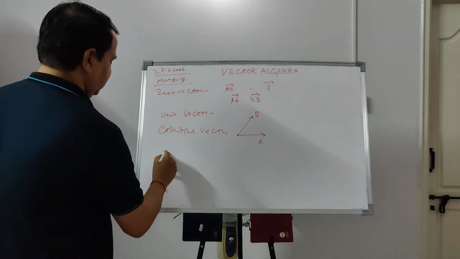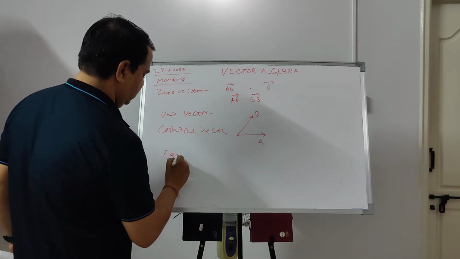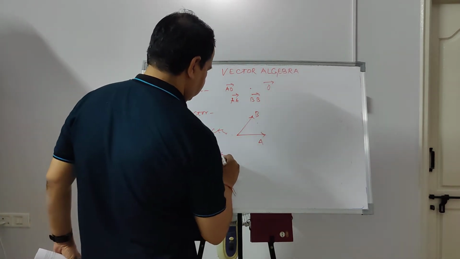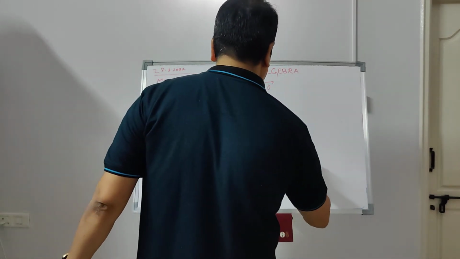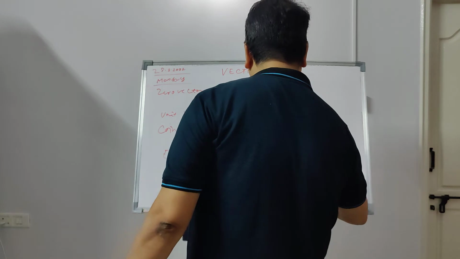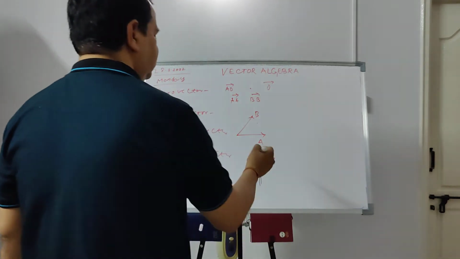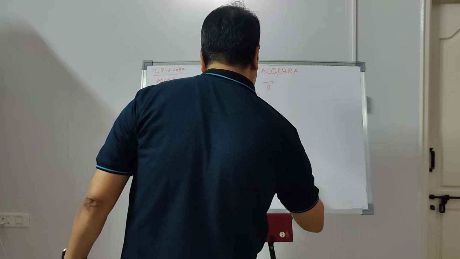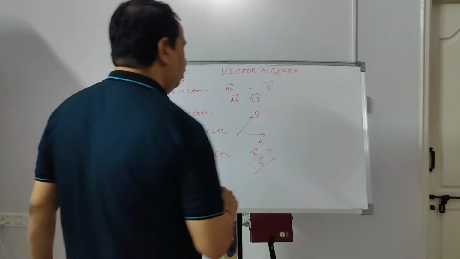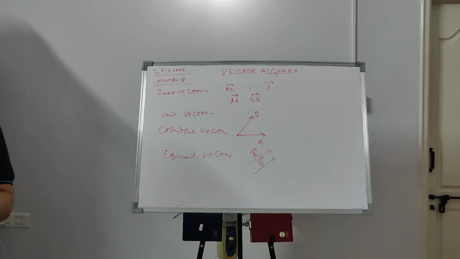Then equal vectors. When you say that two vectors are equal, they have the same direction and the same magnitude. Let me say if this is a vector, and then let us say this is a vector, say vector A and vector B. If both have the same direction and magnitude, then they are called equal vectors. Two vectors A and B are equal if they have the same magnitude and direction regardless of the position of their initial point.